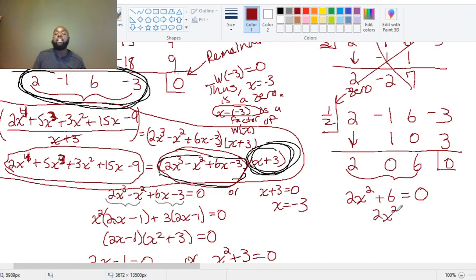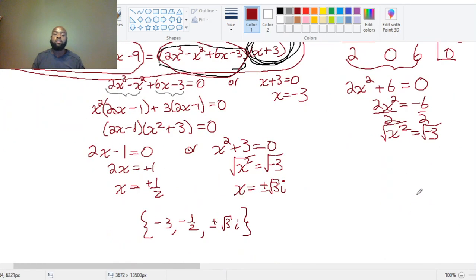And I'm going to see here that the only way I'm going to get my other zeros is for me to solve this quadratic equation. And so generally, I wrote it plus or minus the square root of 3 times i.